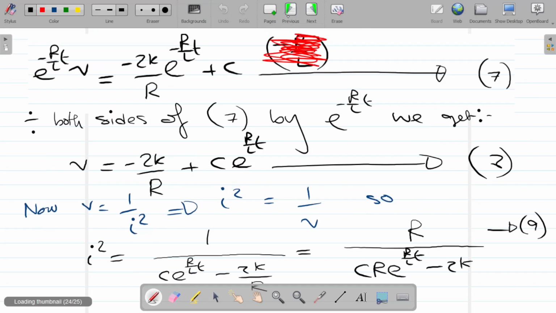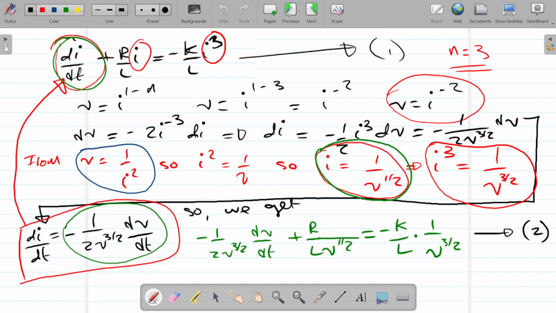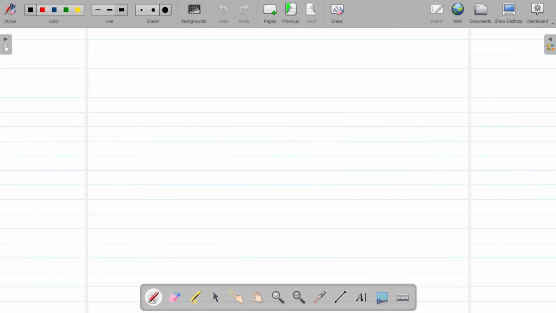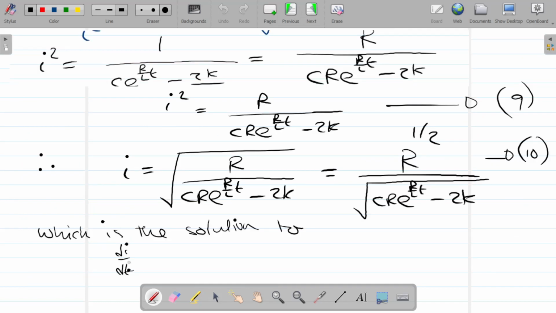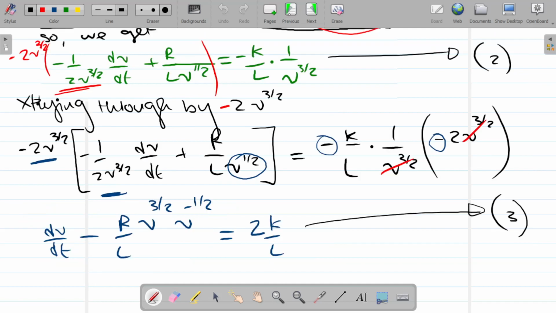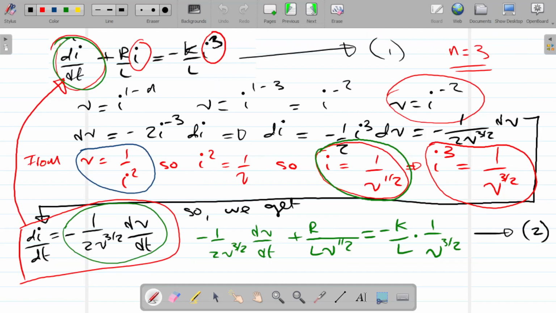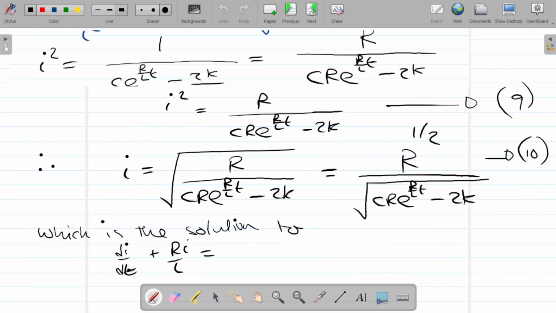Let me just go back. Ah, there we are. di by dt plus r i over L was equal to, my memory is not good at all, minus k i cubed over L. So that is basically that.